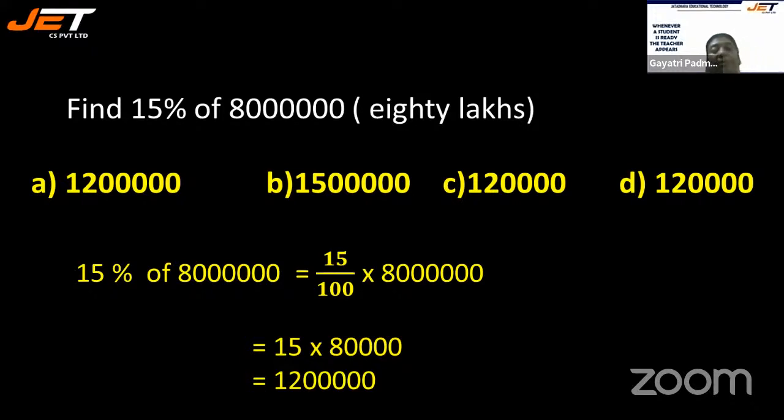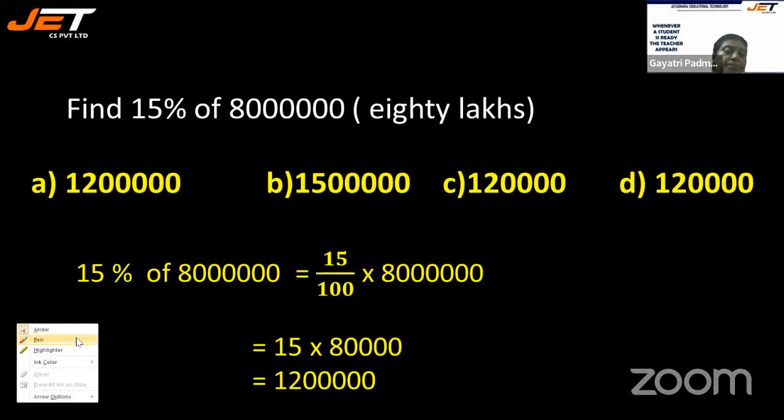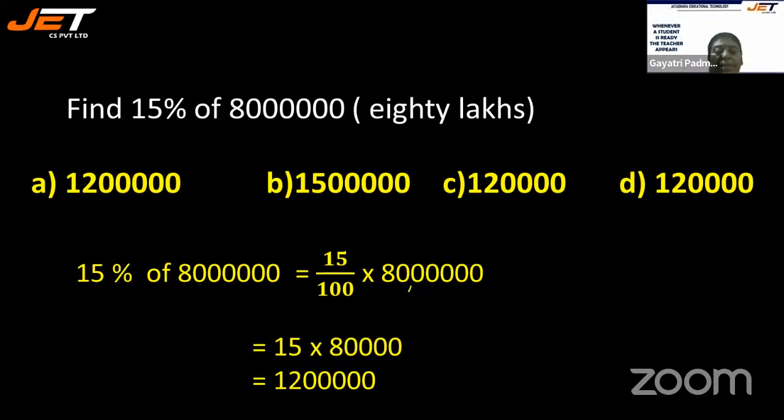So 15% means what? 15 by 100 into 80 lakhs. So 0 and 0 get cancelled. So 15 into 80,000 should give you 12 lakhs.